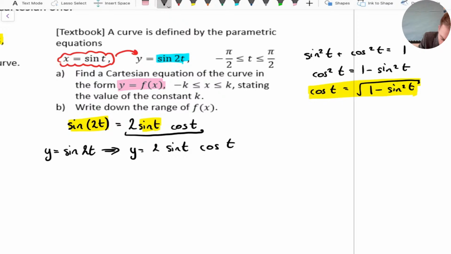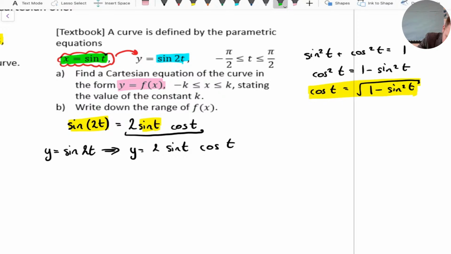I know that sine of t is already equal to x. But the one that I don't know, well, I do because I've got it over here, is this cos t.